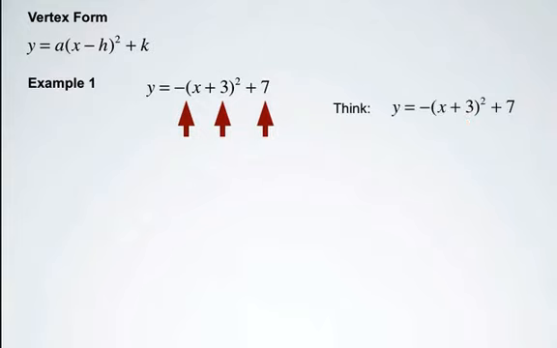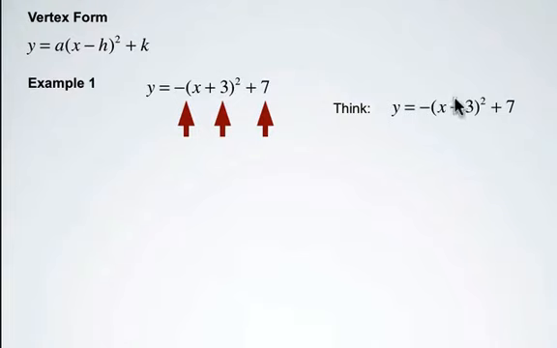Let's look at an example of a quadratic relation expressed in this form. Y equals negative, in brackets, x plus 3 squared plus 7. We're going to look at each one of these coefficients. Think of this.